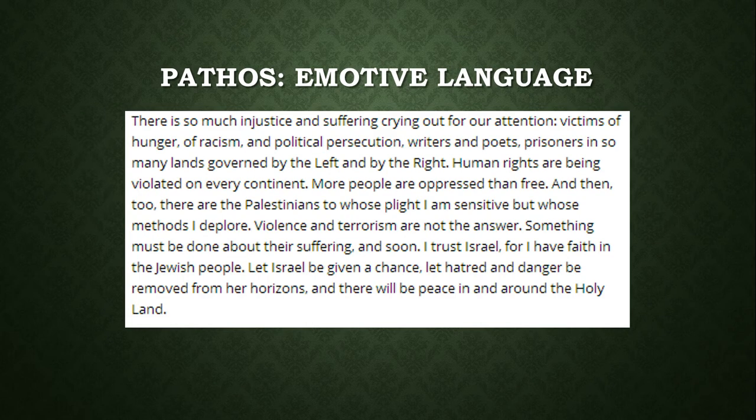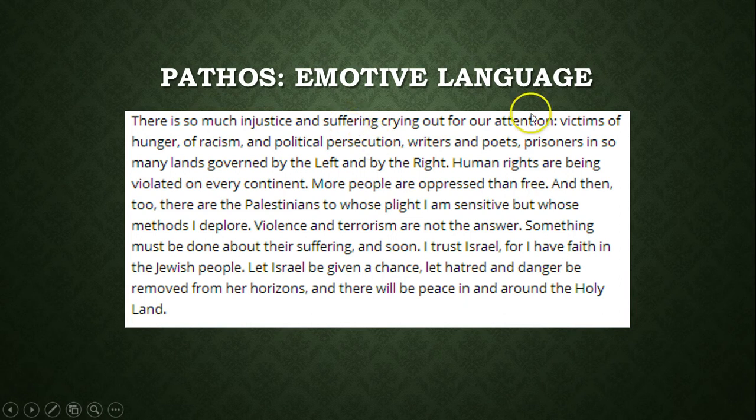Okay, last of all, emotive language. When things are worded strongly, when things are given a potency of language, they are far more interesting to listen to and far more powerful than if we simply use boring phrases. So here we can see Martin Luther King say that there is so much injustice, there is suffering.